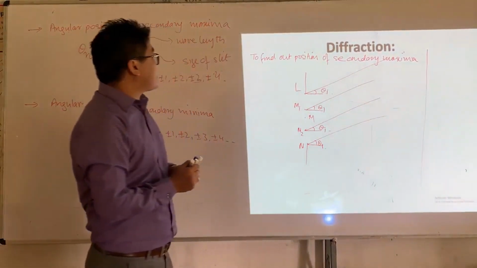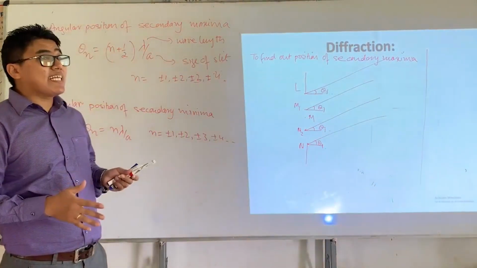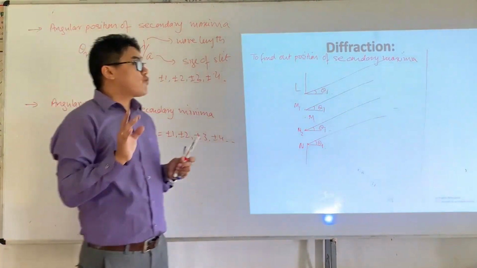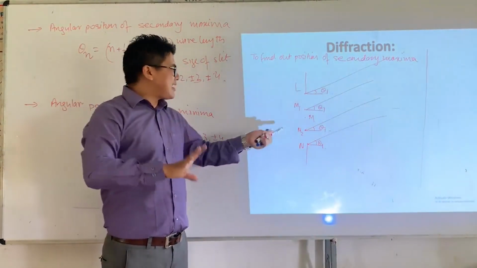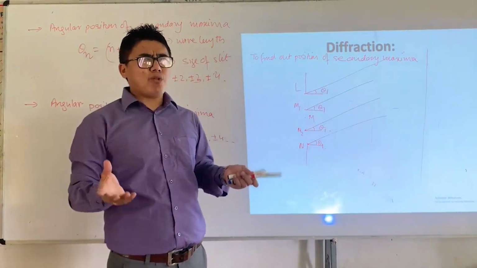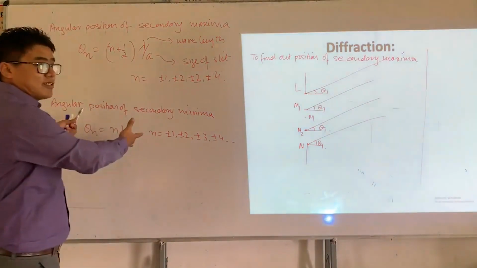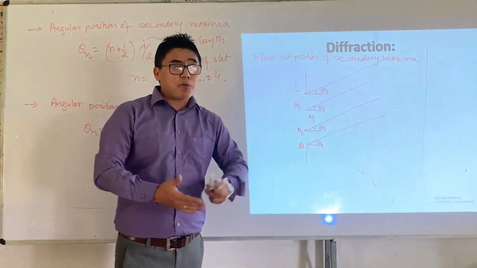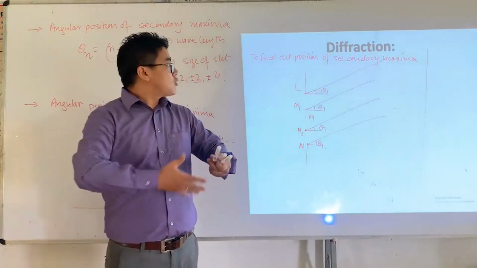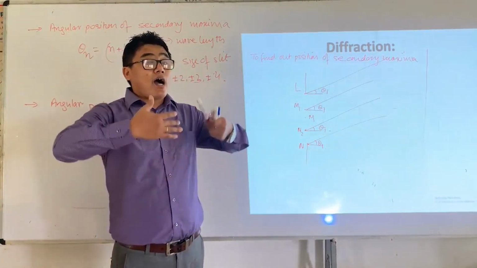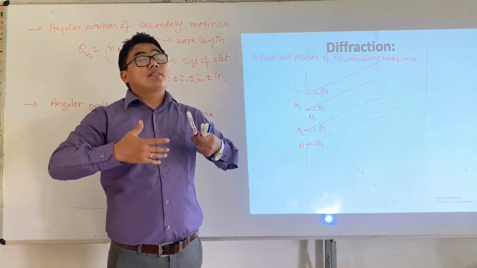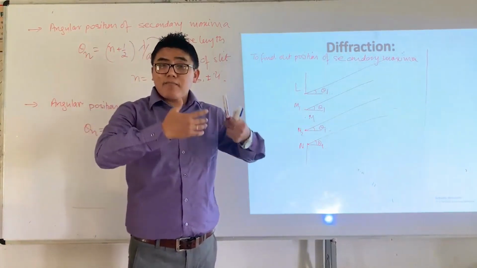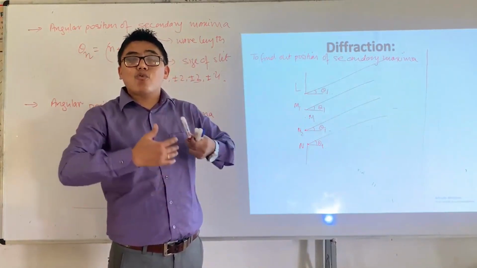To find out the first secondary maxima, we divide the slit into 3 equal parts. This is not very important from the examination point of view. In exam, this is sufficient. But for your understanding, I am doing this, and our textbook has done a very nice job of explaining how the secondary maxima decrease as you go away from the central maximum.